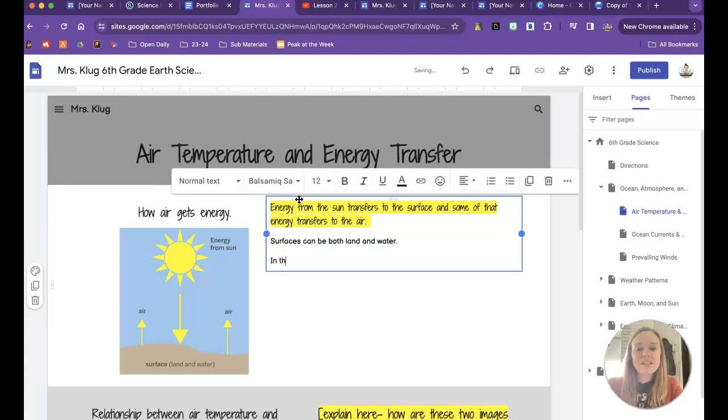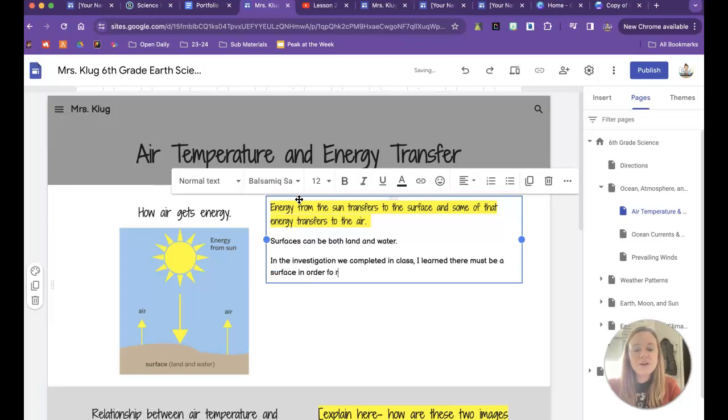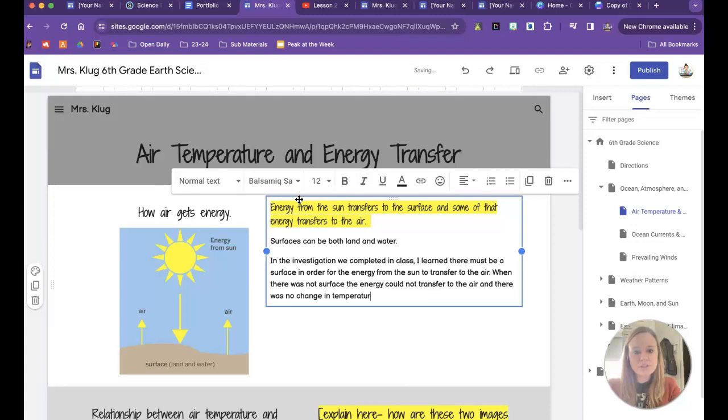And in the investigation we completed in class, I learned there must be a surface in order for the energy from the sun to transfer to the air. When there was no surface, the energy could not transfer to the air, and there was no change in temperature.